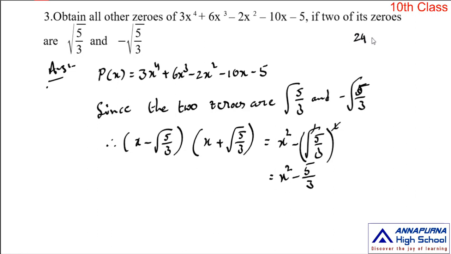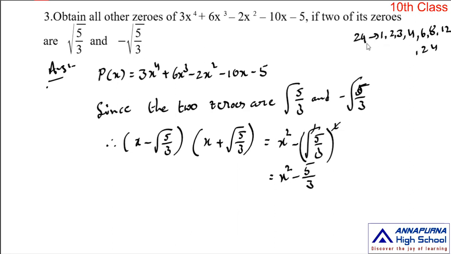the factors of 24. So what are the factors of 24? 1, 2, 3, 4, 6, 8 and 12, 24. These are the factors of 24.